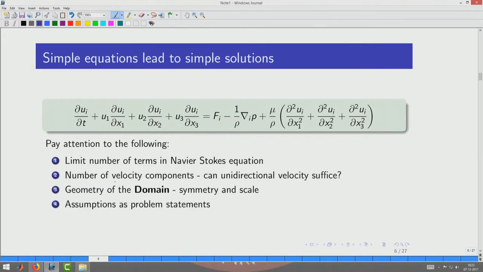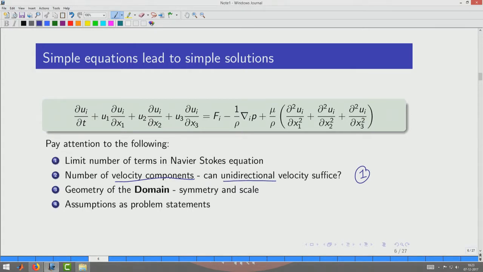By seeing whether just one component is enough for the problem that we are looking at, if that is the case, then we can arrive at a unidirectional velocity profile. Very often this is sufficient, and in situations where the cylindrical or spherical coordinate system is taken up, we can also change the coordinate system and still retain the unidirectional nature of the velocity profile.